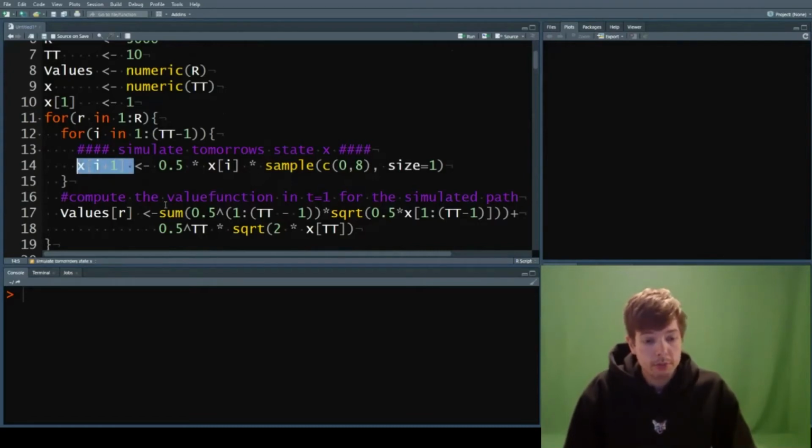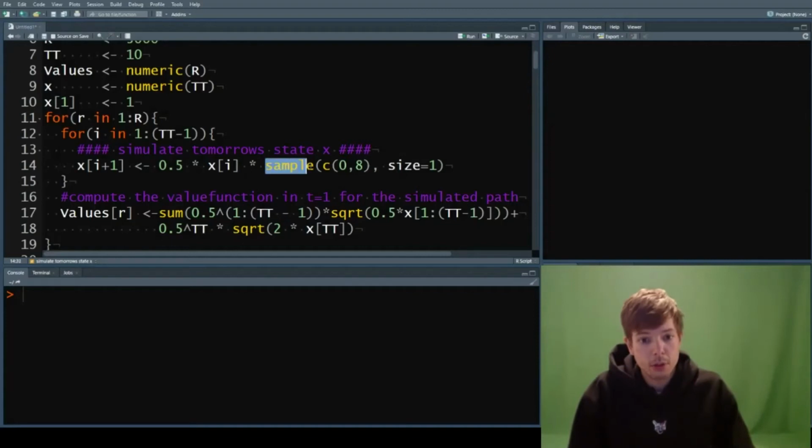The future state is then either 0 when the investment goes wrong, or it's 8 times what we invested if the investment was a good decision. So let's take our investment: 0.5 times our current state. The optimal control is always to choose 0.5 of what we currently have.